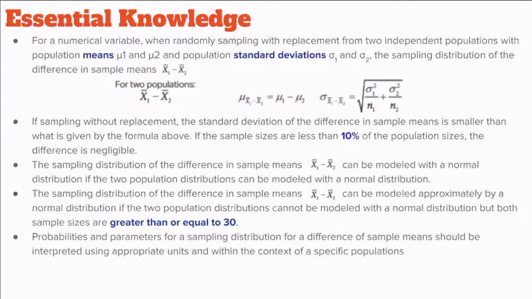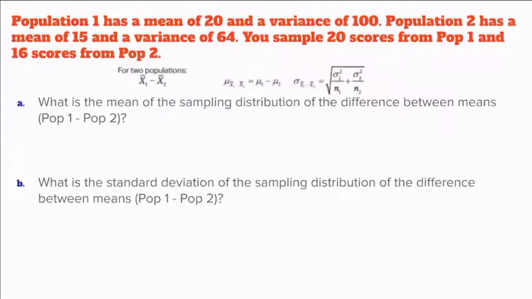Okay, so we're coming back to the 30 thing. And of course we want to make sure that we are staying true to our units and context and all of that stuff. Okay.